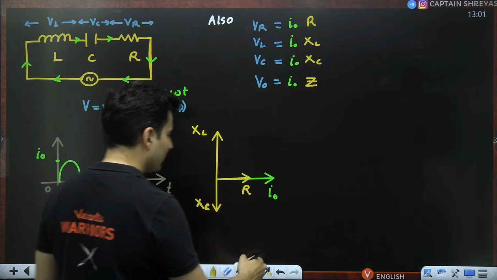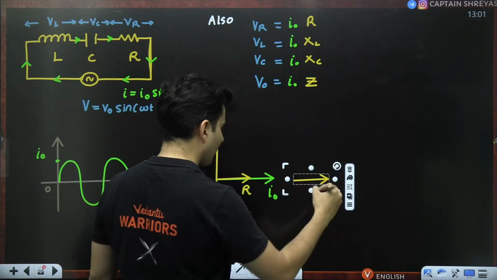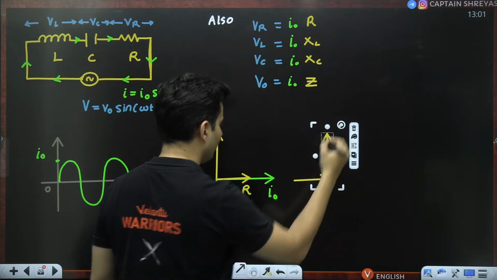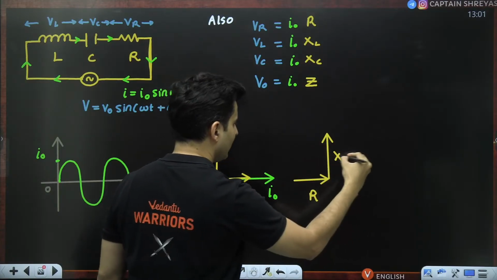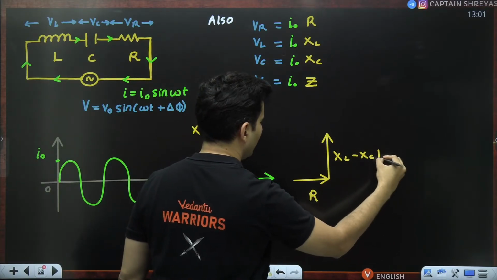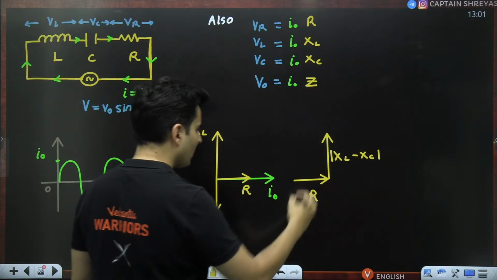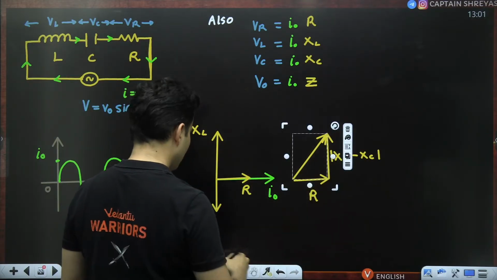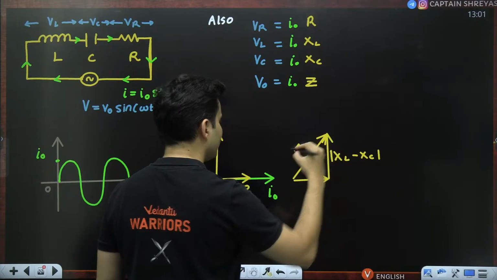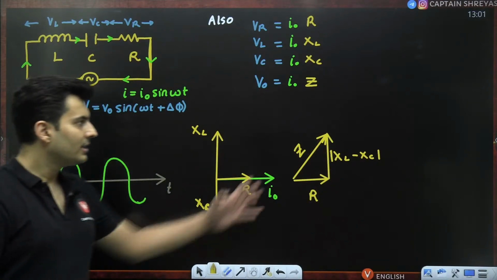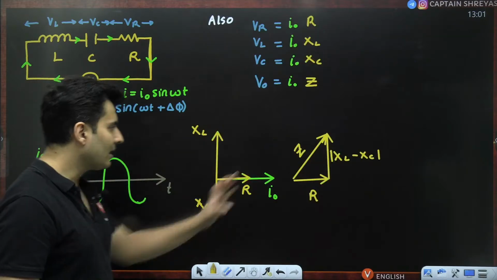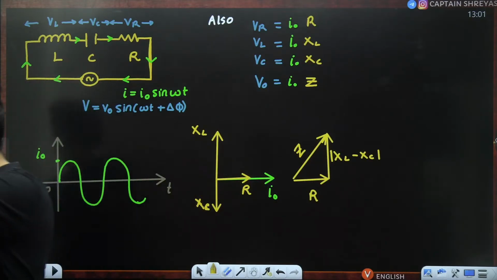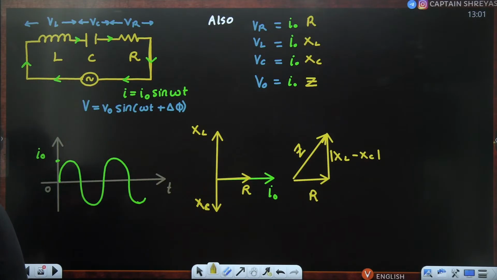And if you take the vector sum of all of them, this was your resistance, this is XL minus XC. I don't know who is big, so I'll put a mod symbol. The resultant over here is basically your Z. Is this clear? So the same triangles can be applicable for voltages or even for resistances and impedances. It is one and the same thing. It makes your job very, very easy.